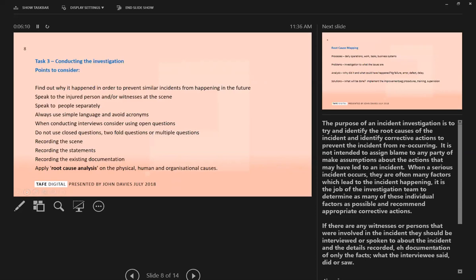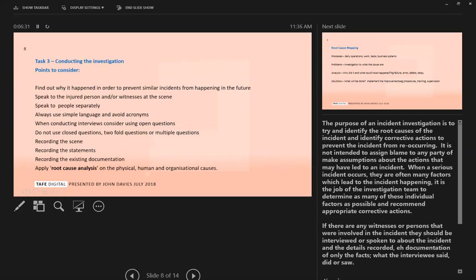When a serious incident occurs, there are often many factors which lead to the incident happening.